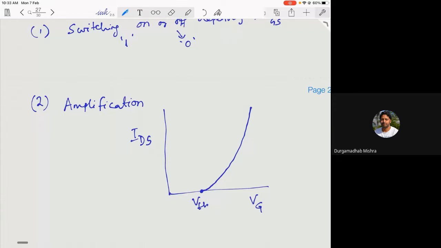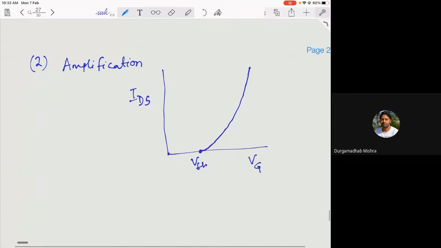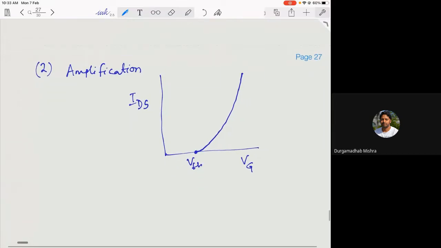So your transistor is performing two functions. One is, it is acting like a switch, so you can perform logic operations 1 0, and it is also acting like an amplifier as well. So that's why this MOSFET device became so useful and used in most of the integrated circuits.